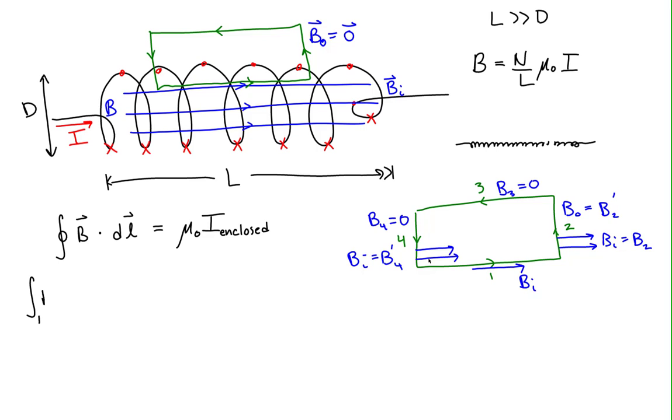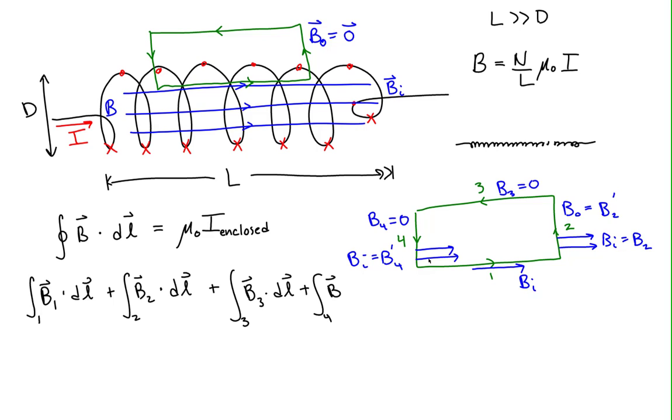An integral of the magnetic field on segment 1, plus the integral of the magnetic field along segment 2, plus the integral of the magnetic field along segment 3, plus the line integral of the magnetic field along segment 4.